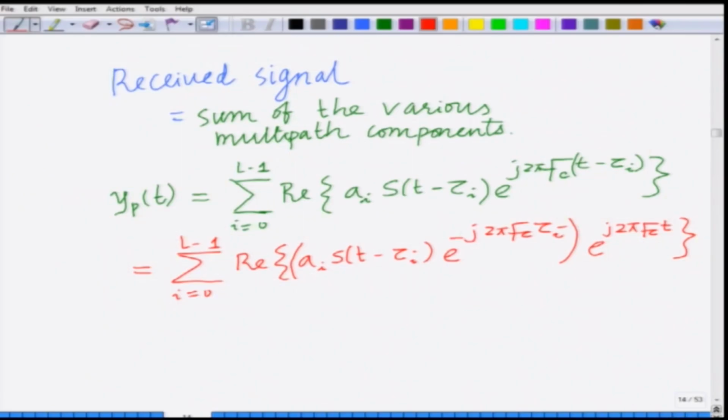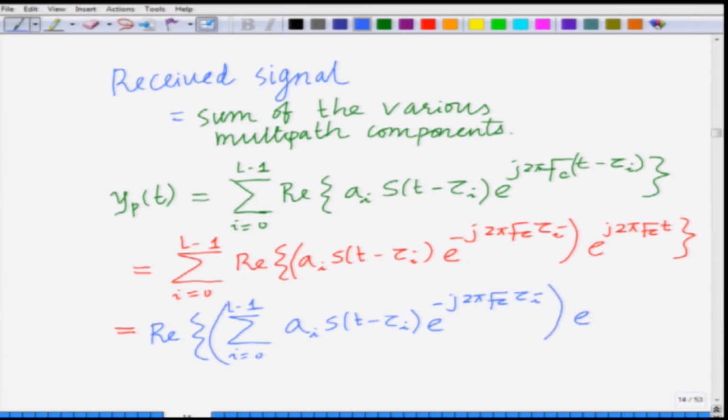So I can extract that as the common term, and now I can write this as the real part of the summation i equal to 0 to L minus 1 of AI S of t minus tau I e to the power of minus j 2 pi f c tau I, times e to the power of j 2 pi f c t.